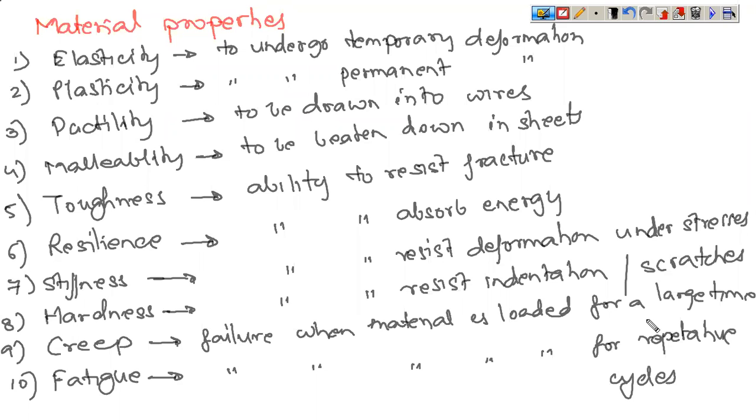Either they can follow a pattern or they may follow any random pattern, and the load is substantially less than the failure load. And if this goes on happening for a repetitive number of cycles, the material undergoes fatigue failure.